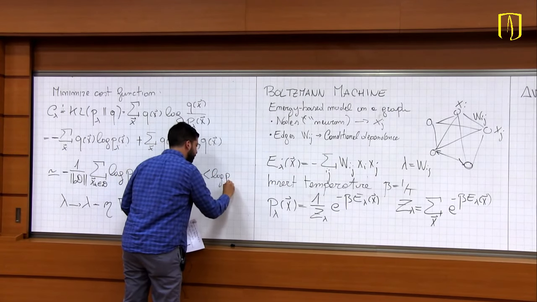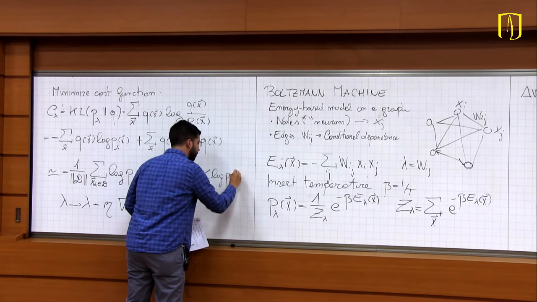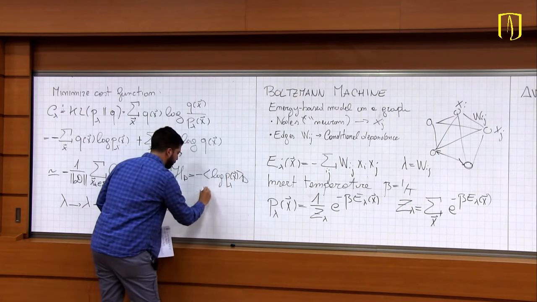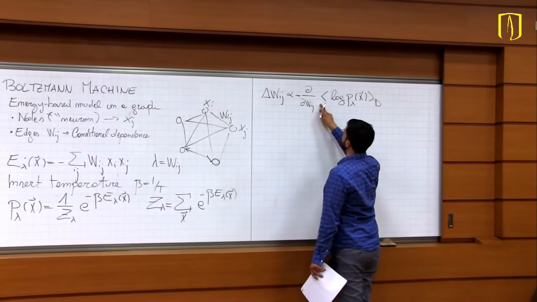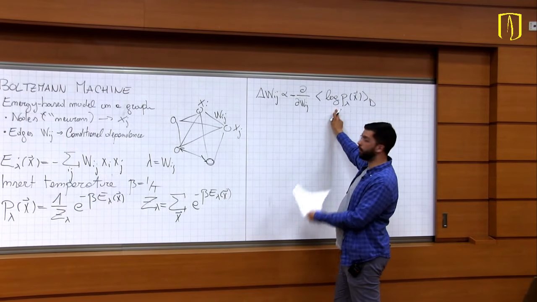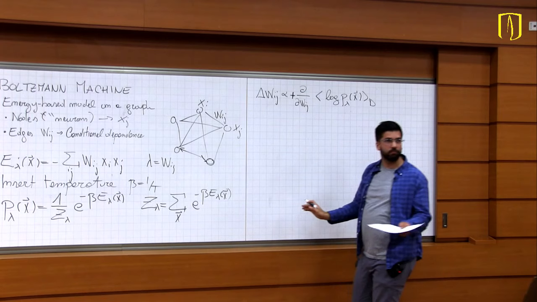And there is a plus sign there. I have minus the gradient of the cost function, but the cost function has a minus already, so I get a plus here.